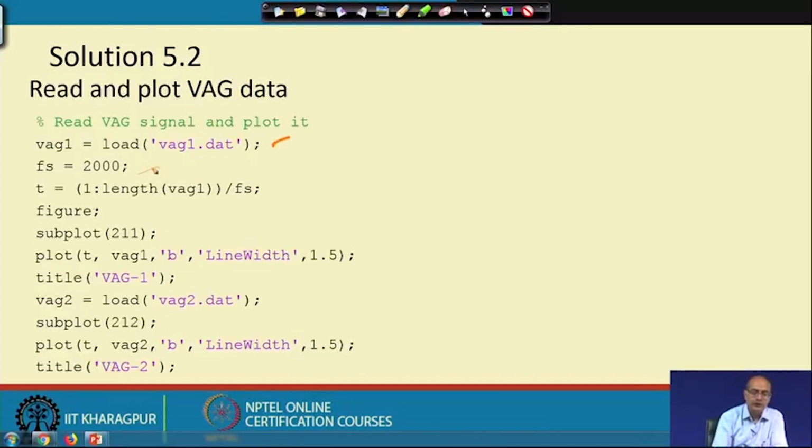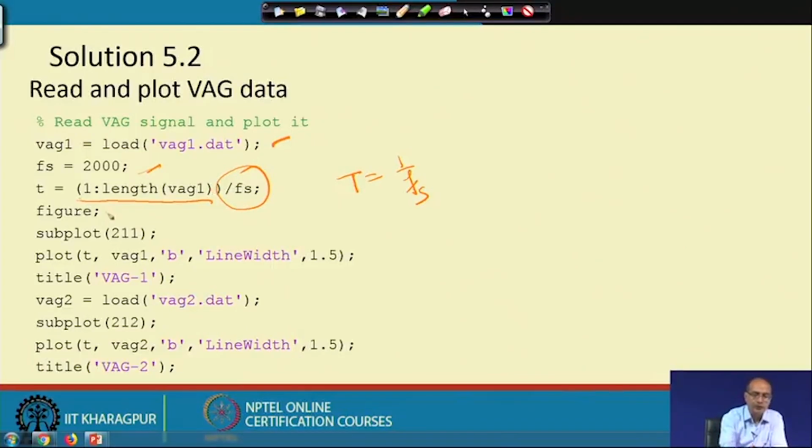If we look at the time axis to plot that, we find out the number of samples and multiply it with capital T, the time period, and capital T is nothing but 1 by Fs, where Fs is the sampling frequency. So, to do that we have divided this vector by the sampling frequency.